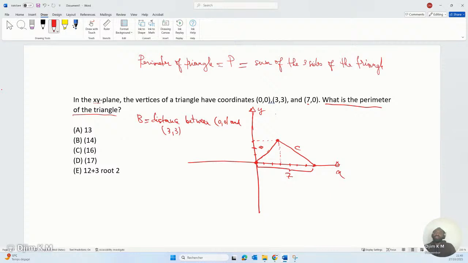So if we have three sides A, B, and C, then P is A plus B plus C. A is equal to 7, because it represents the x coordinate of this particular point of the triangle. X is equal to 7, and it's coming from 0 here, so it's definitely 7.